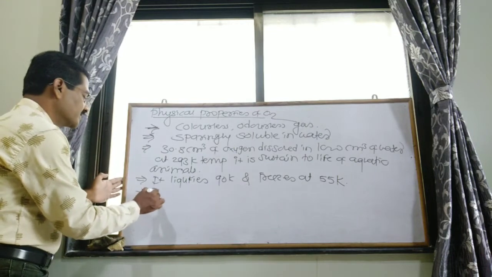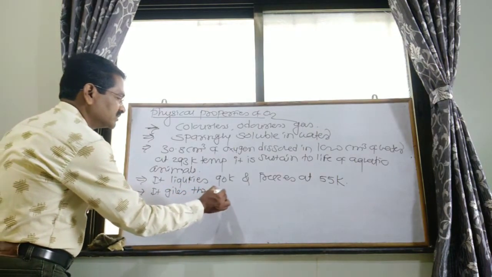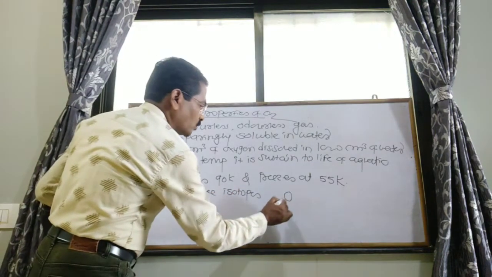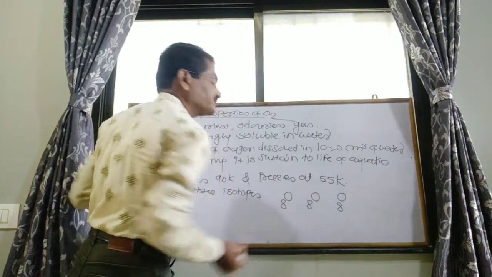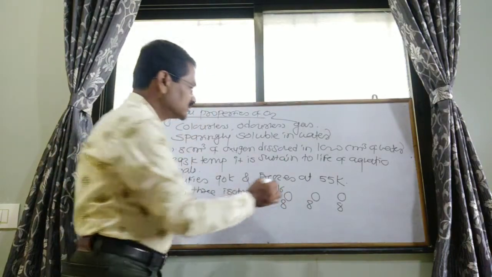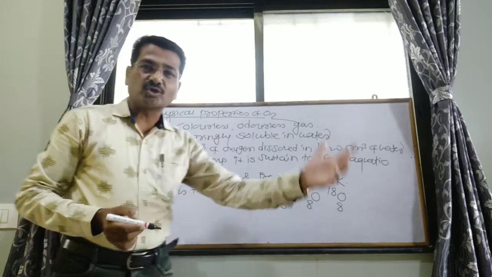It gives three isotopes, that is O8: the first, second and third isotopes of oxygen have mass numbers 16, 17 and 18. So these are the three isotopes of oxygen.